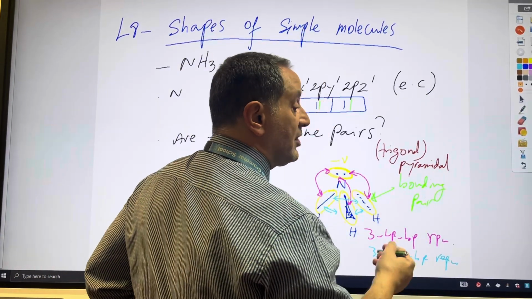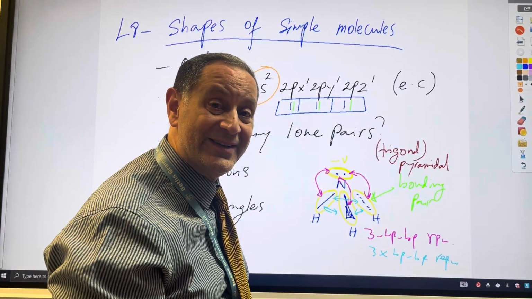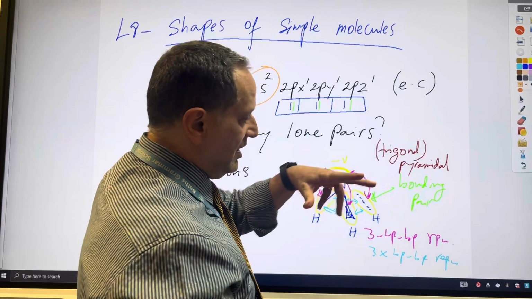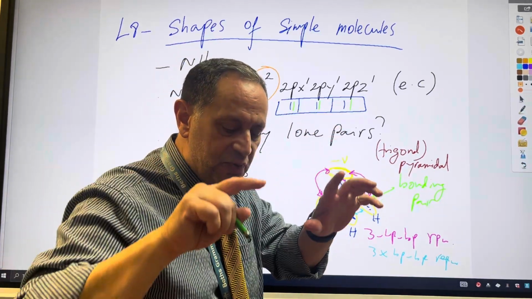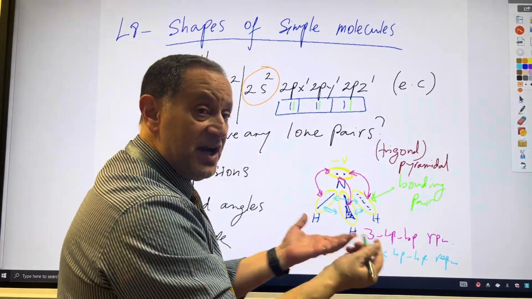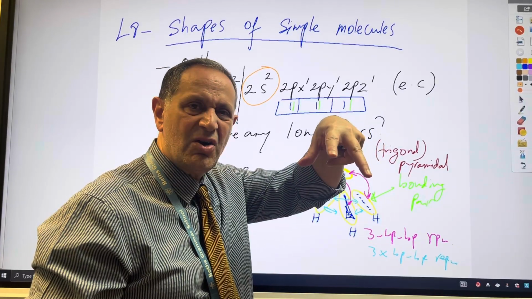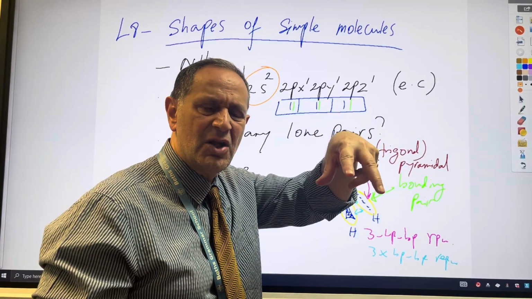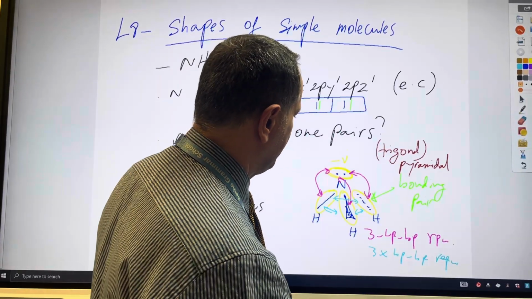So the shape is pyramidal because of the role of a single lone pair there. Okay? Imagine they want to be flat, but then that lone pair is pushing them down. And the forces of repulsion from the top is greater than the forces of repulsion from the bottom. And therefore the whole thing turns into a kind of flat pyramid. Not a very tight, flat kind of pyramid.